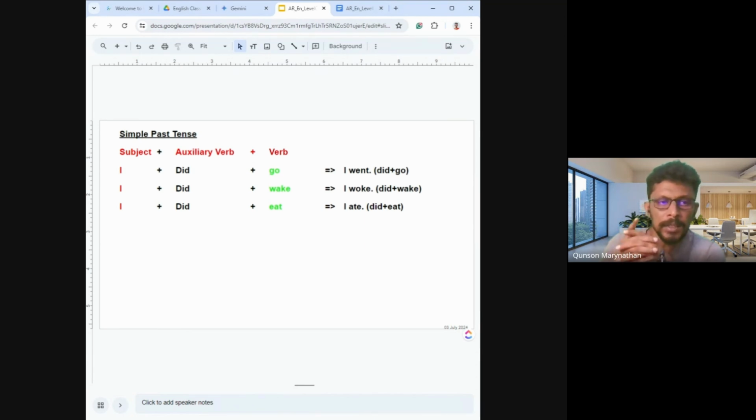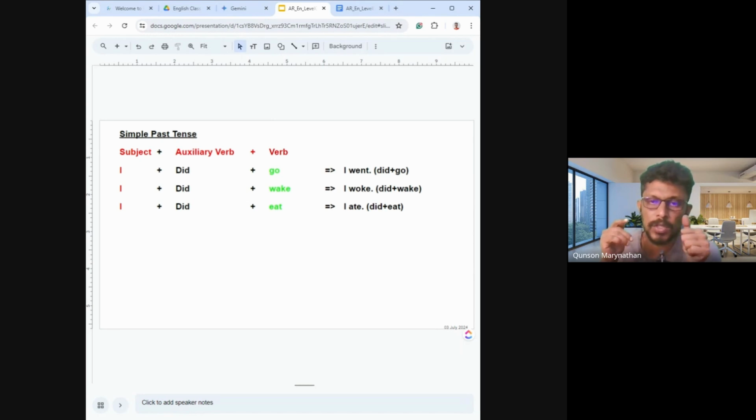The same way, did plus wake is woke. The same way, did plus eat is equal to ate. Right. So the past tense is made by adding the auxiliary verb to the present tense. Go is present tense.